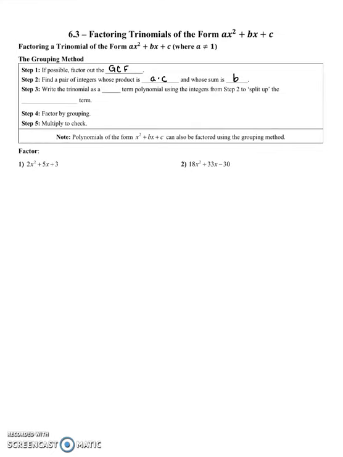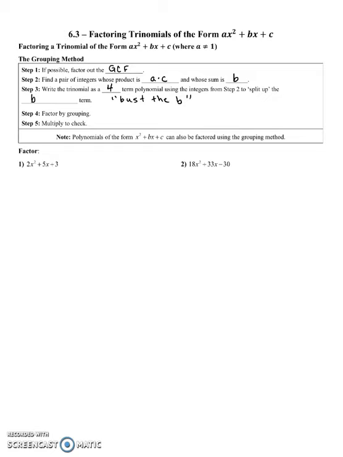Then we write the trinomial as a 4-term polynomial using the integers from step 2 to split up the b term. Or sometimes we say bust the b. Then we factor by grouping, which we also talked about in the previous video. And of course, we can then multiply everything out to check.